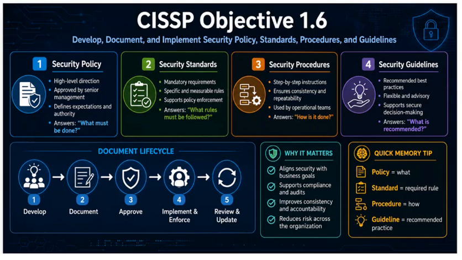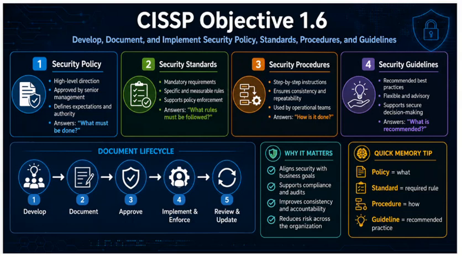Implementation and enforcement. Security documents are only effective when they are implemented across the organization. Implementation may include employee training, technical controls, monitoring, audits, and disciplinary processes. For example, an access control policy must be supported by identity management, role-based access control, multi-factor authentication, logging, and periodic access reviews.